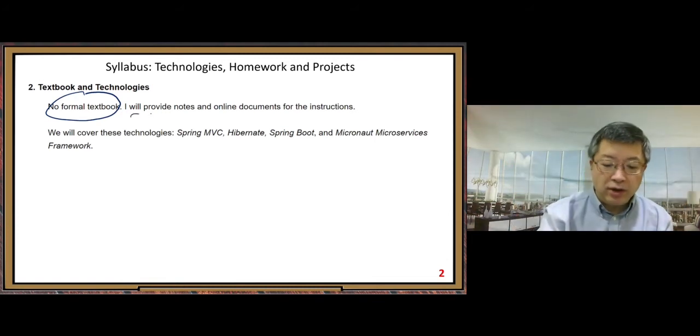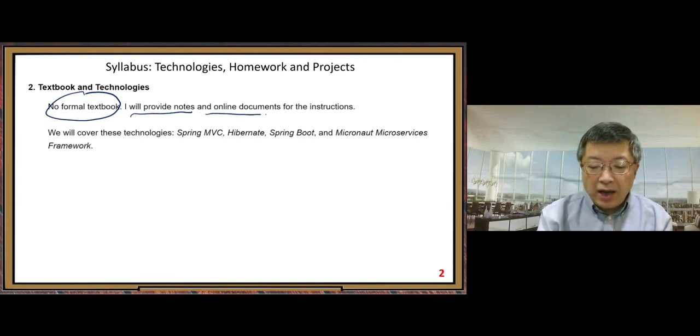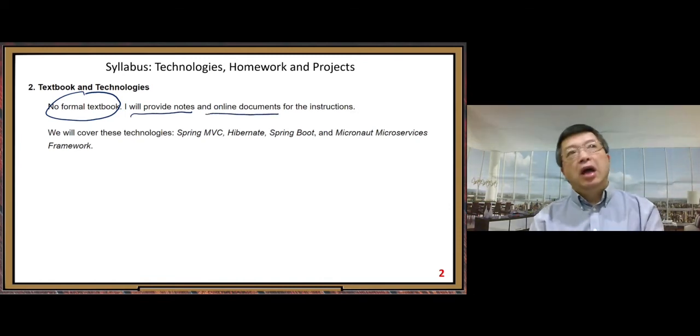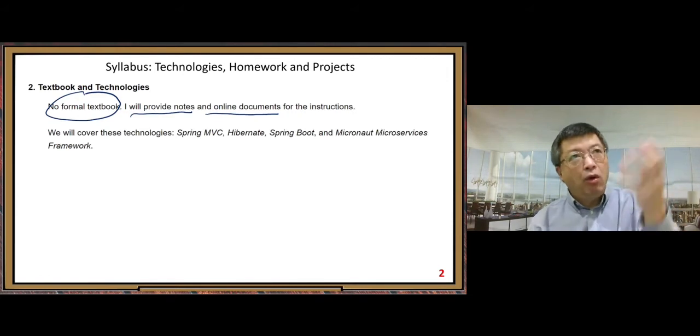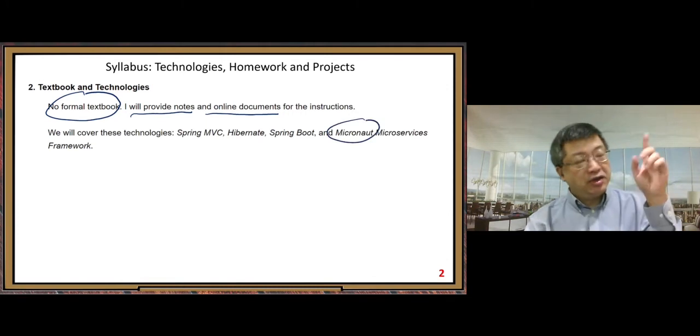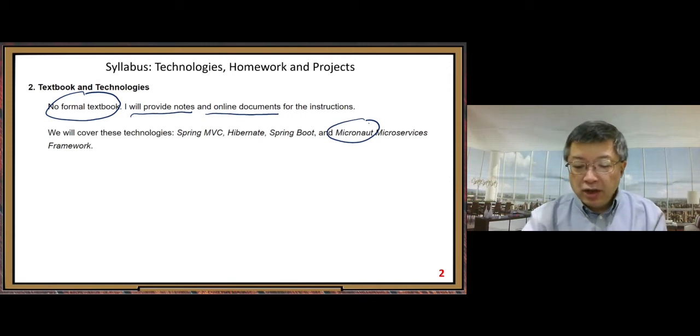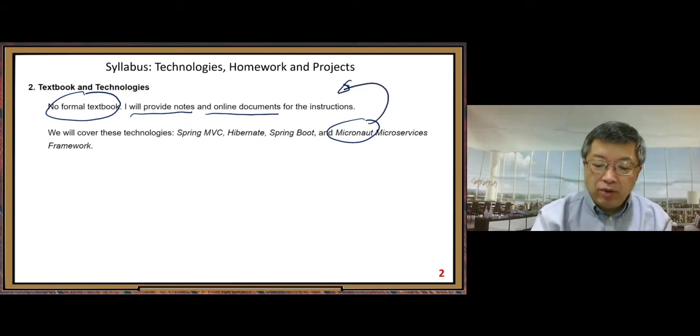But at the same time, we will use some online documents. For this semester, we will learn a very important technology called Micron technology. Later I will explain a little more about Micron technology. For this technology, I will provide their user's guide.